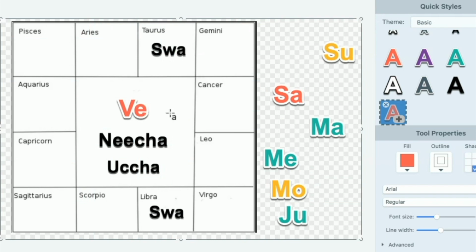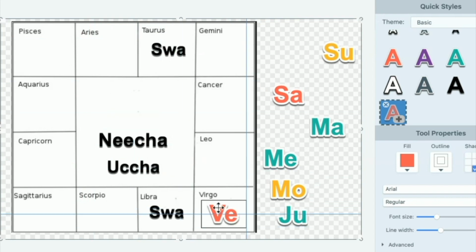Artistic, love and compassion. It doesn't like to analyze, right? It's debilitated in Virgo, the sixth house, because it doesn't like to analyze. Because Venus is more about love and intuition and compassion.